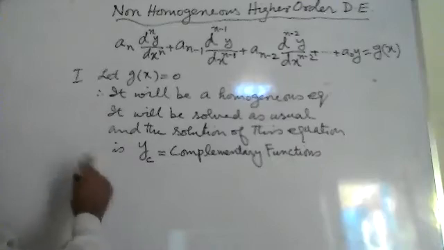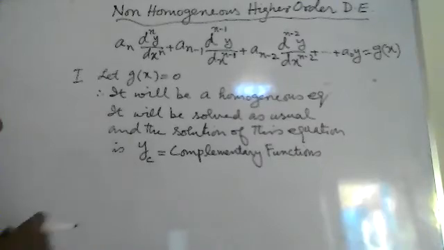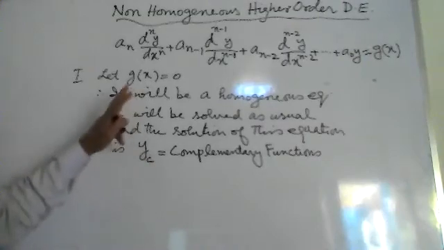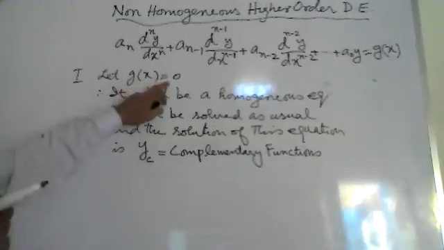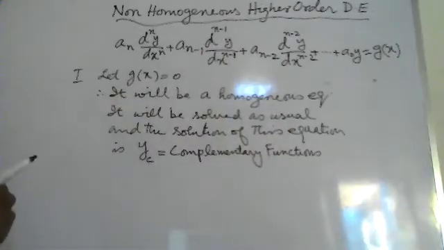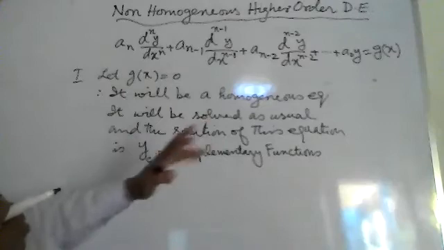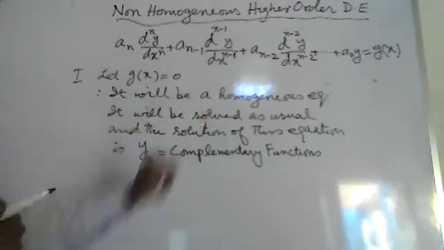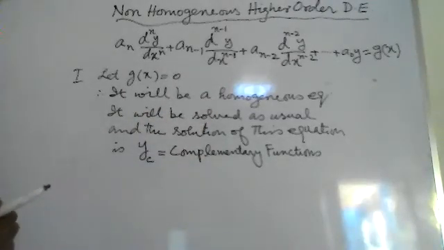Then the second step. The first step, we will find the complementary function. How to find the complementary function? g of x will be taken as 0, and it will become a homogeneous equation. We will solve the homogeneous equation as we have already done in the previous class.